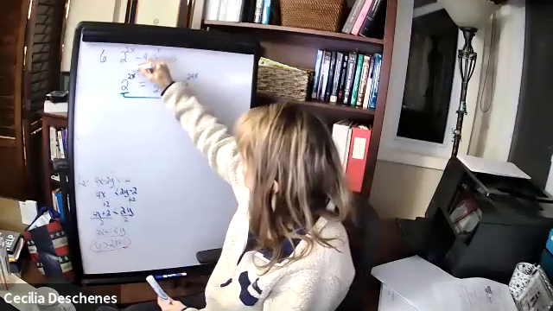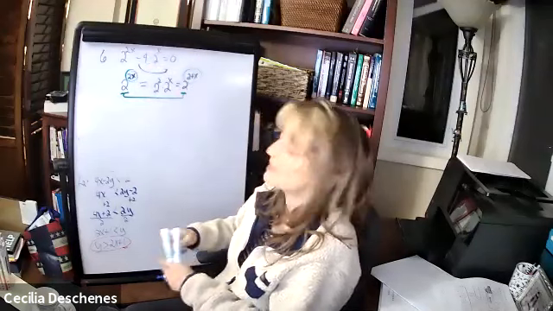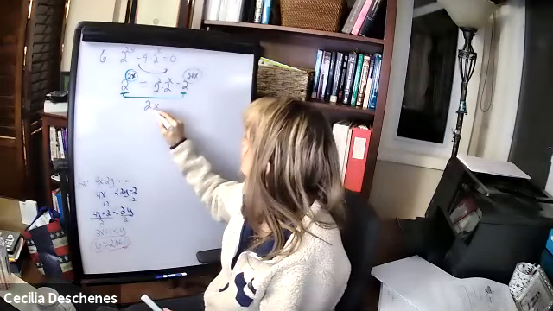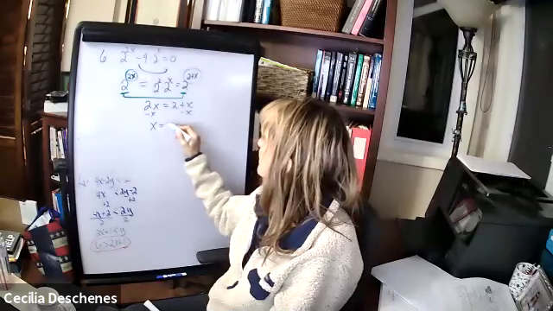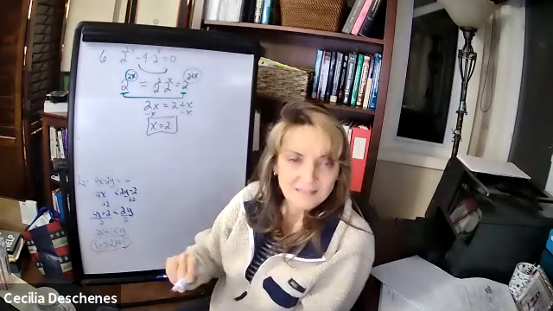Once that happens, the exponents have to match. So we set up that equation: 2x has to equal 2 plus x. Now we can solve for x. We subtract an x from both sides and we're left with x equals 2. Okay?